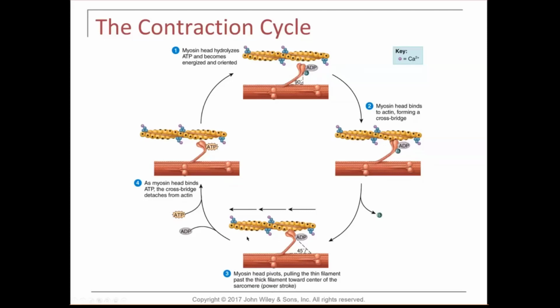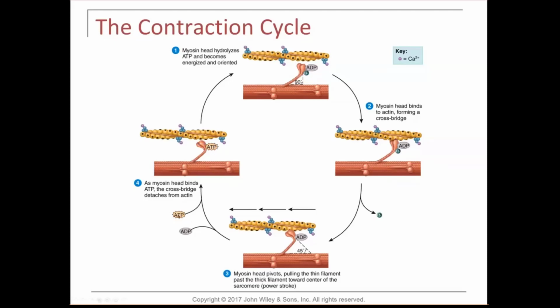It pulls it in, and in order for it to detach so that it can do it again, you need to get a new ATP bound to the myosin head. Okay? Now the new ATP is basically a charged battery. ATP is like a battery, right? ATP would be the charged version of that battery. ADP is when it's dead, right?